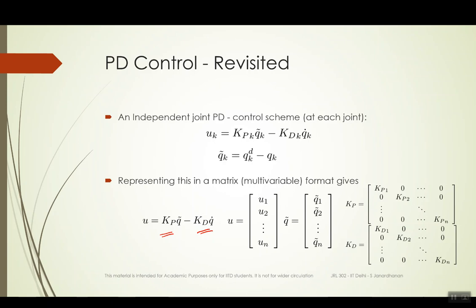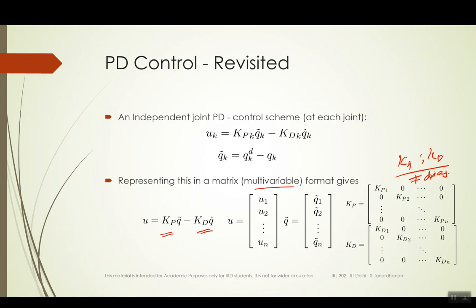However, the independent joint control can be written as diagonal matrices in a multivariable framework. It should be noted that Kp and Kd not being diagonal is a choice that is available in the multivariable format. However, that doesn't happen at all in the single variable, independent joint control format.